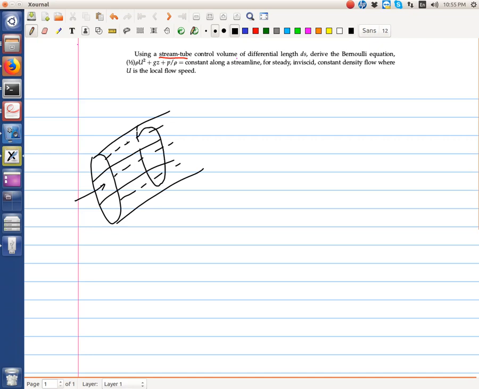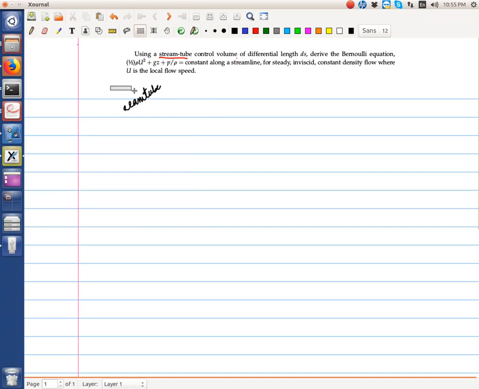Okay, so this surface is called the stream tube. Okay, so in a stream tube of length ds, we have to obtain the Bernoulli equation along a streamline.